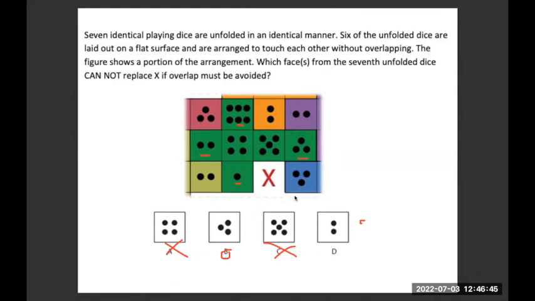Now, if I place my dice the way 2 is oriented, the upcoming figure will start looking somewhere like this. If I start orienting myself with the way 3 is placed, my upcoming figure will look somewhere like, I will just draw it with another color.